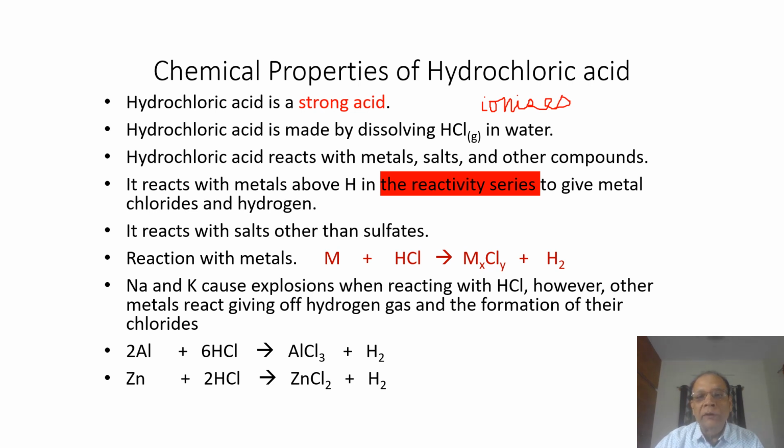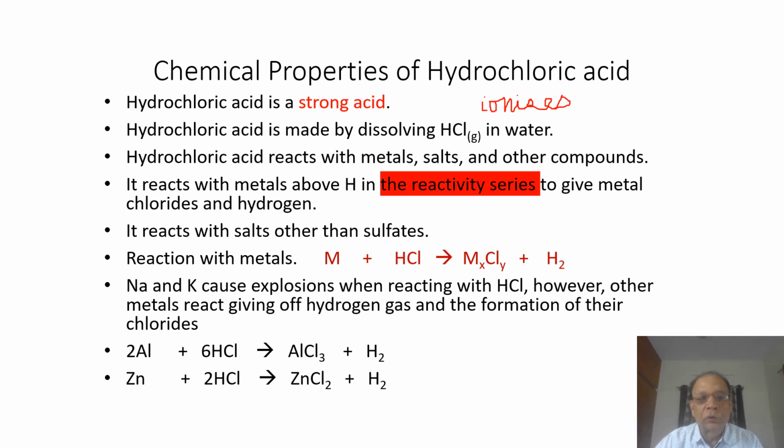It reacts with metals, salts, and other compounds as well, and we are going to see some of these reactions as your course suggests. It reacts with metals above hydrogen in the reactivity series to give metal chlorides and hydrogen.